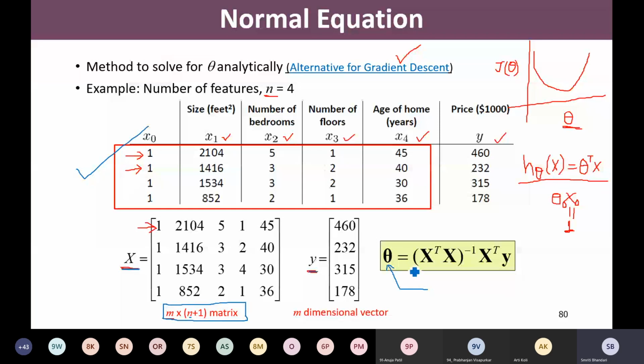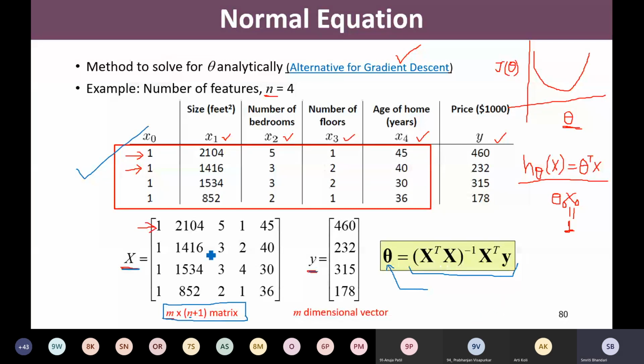So if I try to compute this mathematical expression, here I am having simply matrix operations. I do not want to iterate through like gradient descent.